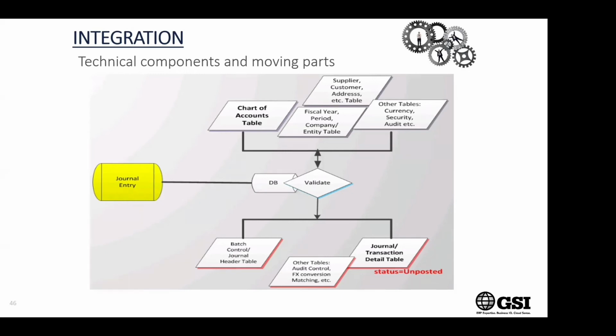Right now, for example, I'm using the journal entries or the general accounting tables here. You can see that when you are creating a journal entry, it looks at a series or bunch of tables that are needed and necessary to be able to create a journal entry. At the bottom of this slide, you can see that there are detailed transactional tables, batch control tables, and audit tables.